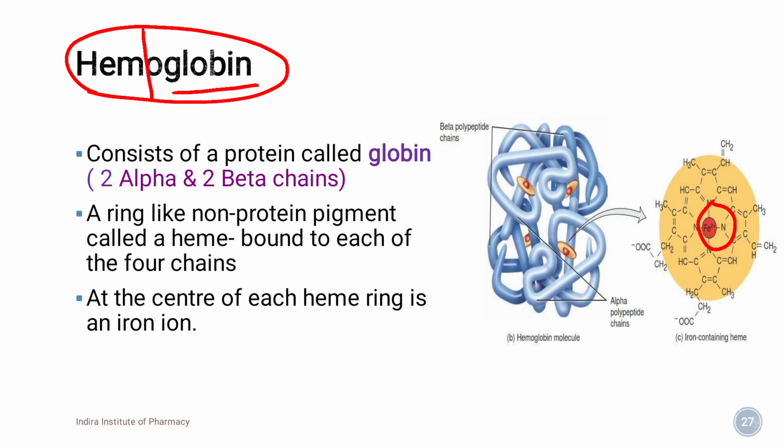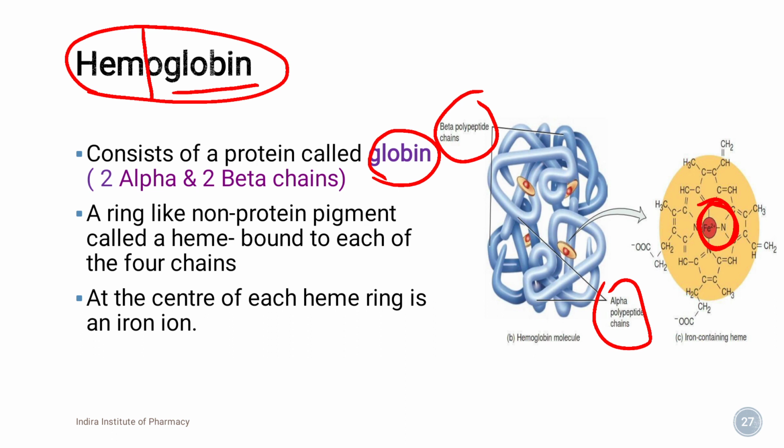So it is on these heme portions that oxygen binds. The next portion of hemoglobin is globin, a protein that consists of 2 alpha and 2 beta chains.